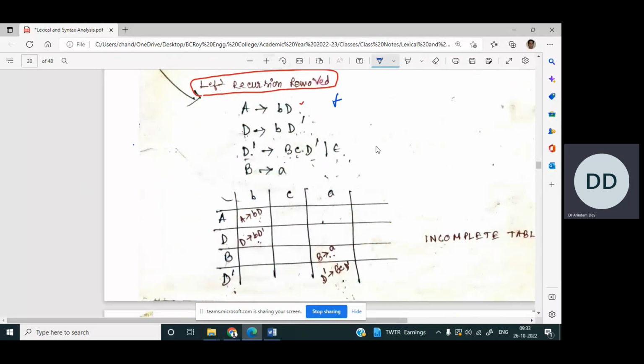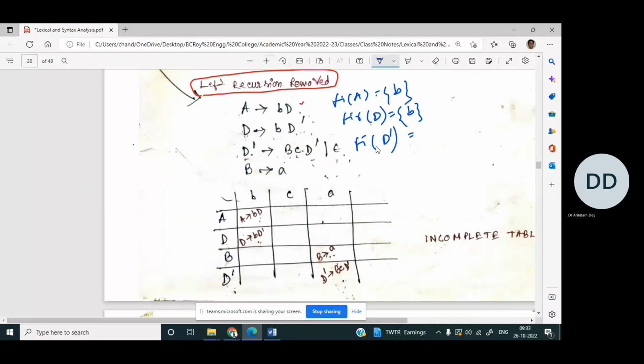Now the first of A, if I calculate, is the small b. If I calculate first of D, that is small b, because here first of D dash, first of D dash means capital B, first of capital B means small a.